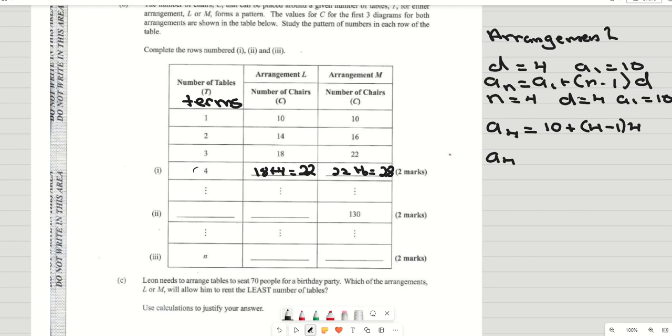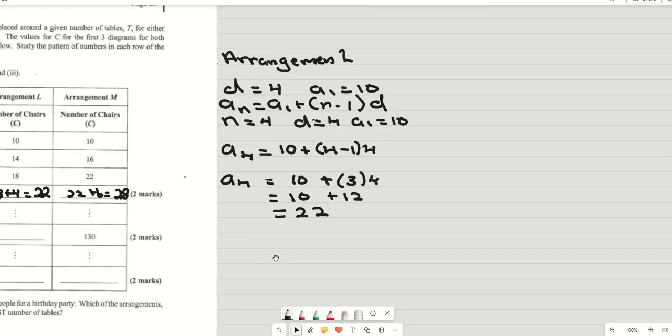So A4 would be 10 plus 3 by 4. 4 3s are 12. So you get 10 plus 12 is equal to 22. So if you chose to do the formula way, and you didn't see that, you could have just done it this way. This is for arrangement L.